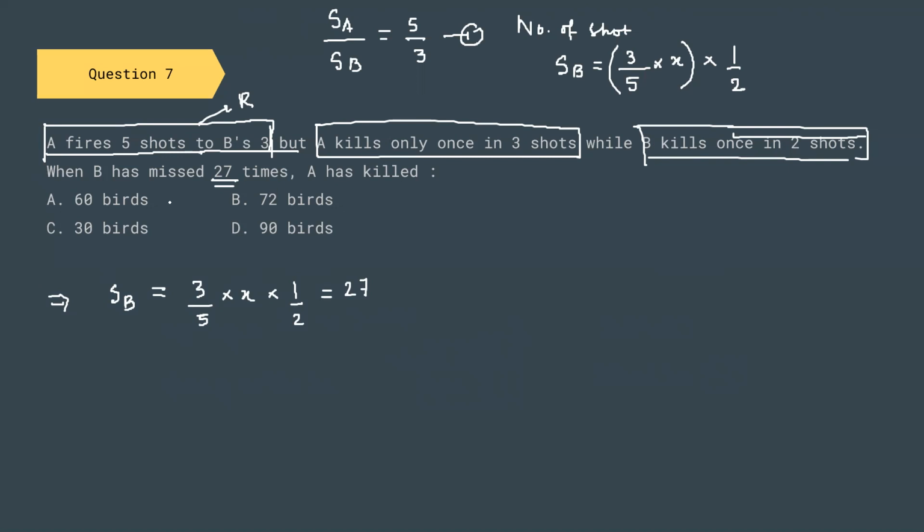Because they are saying that B has missed 27 times. So from this situation, we can find the value for X. So X equals 27 into 5 is to 2 divided by 3.